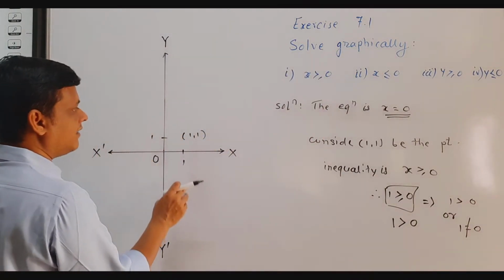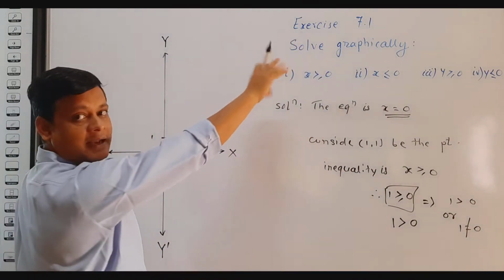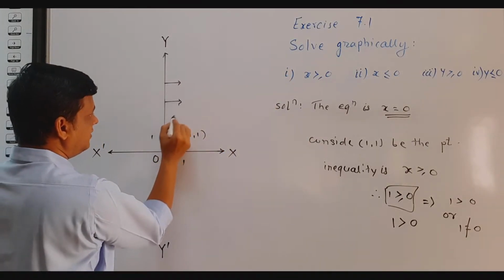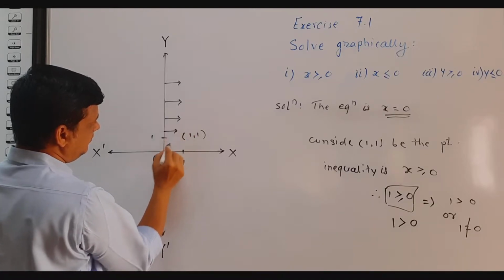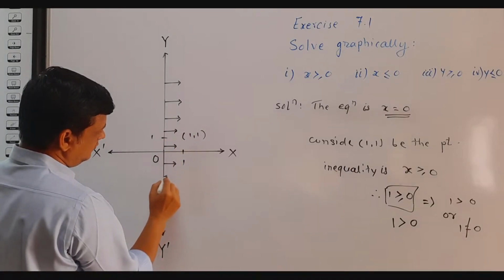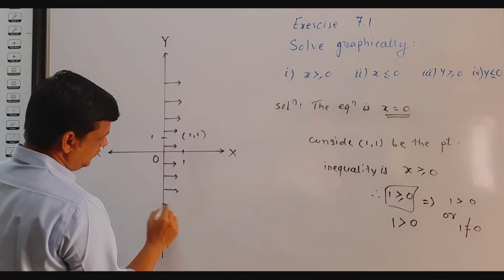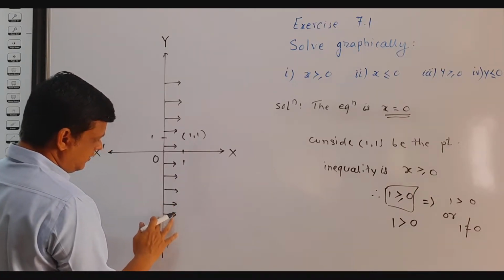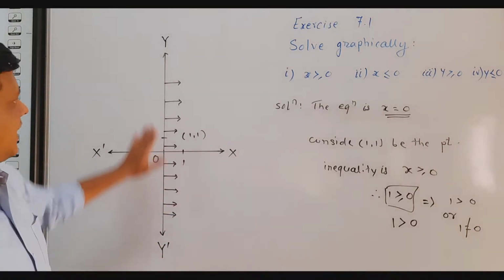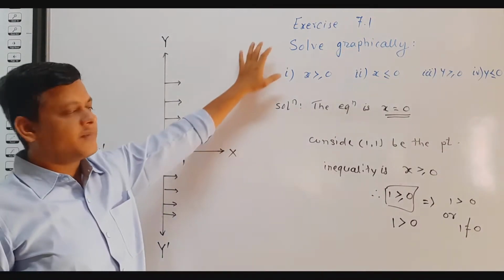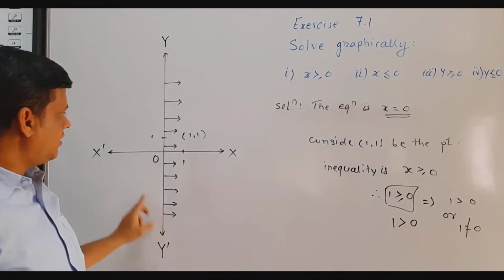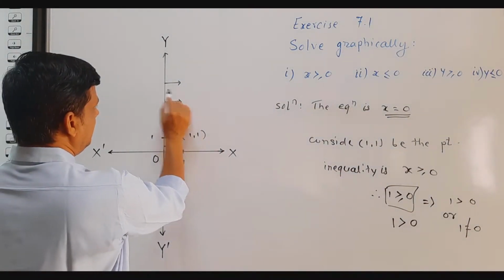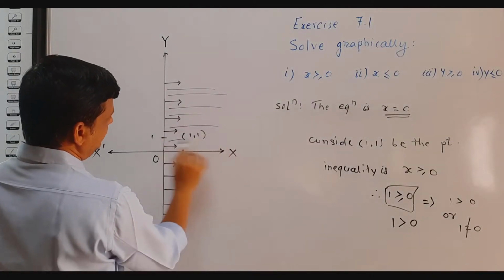So we have to mark for the graphical solution towards the point. In this way you have to mark on the line for your graphical solution. In this way, this is the graph form, or you can extend this, or you can use it like this also.